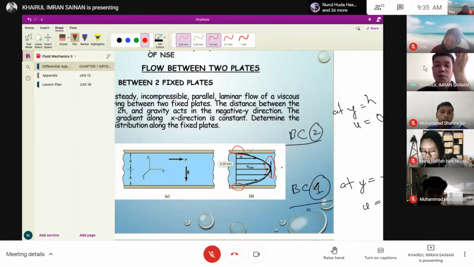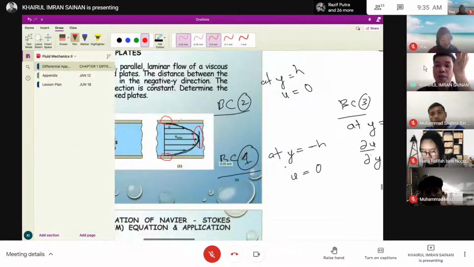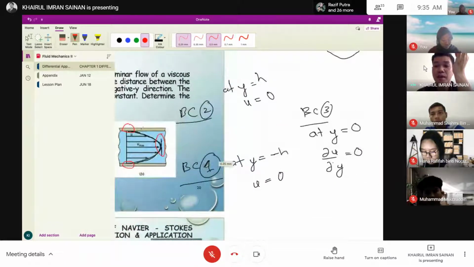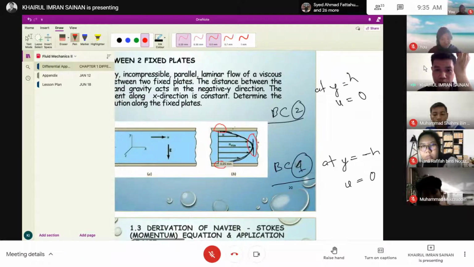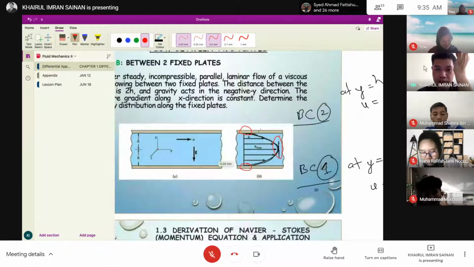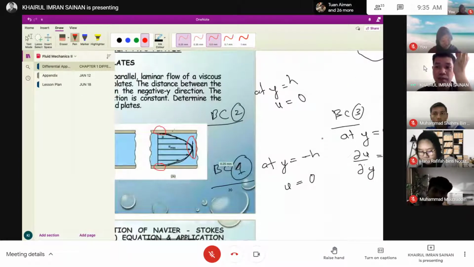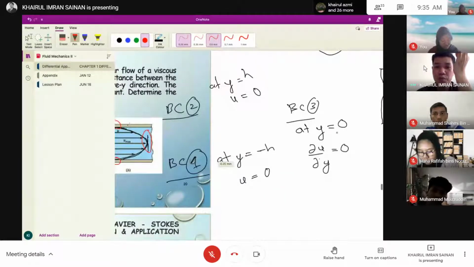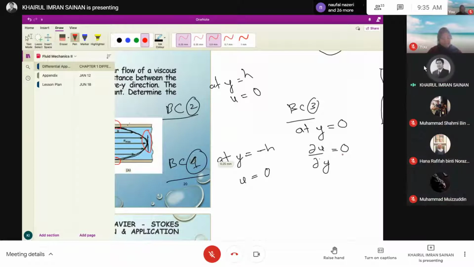Basically it's u maximum here. How we represent u maximum is at y equals 0, because y is positioned at the center, the axis is positioned at the center. So at y equals 0, del u over del y equals 0.